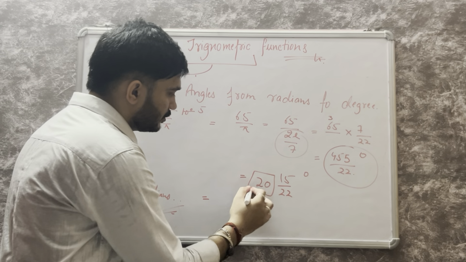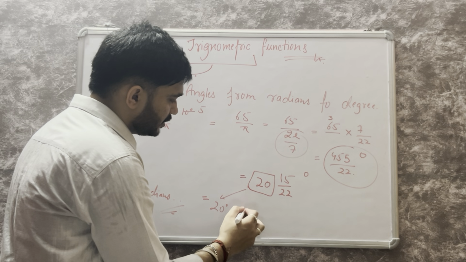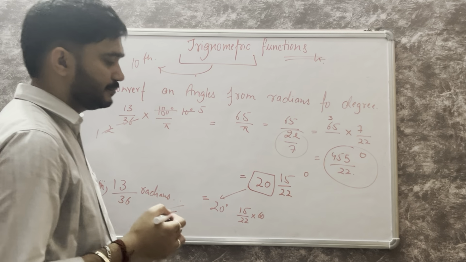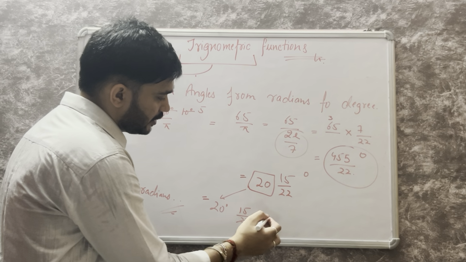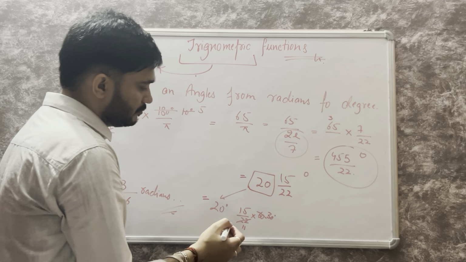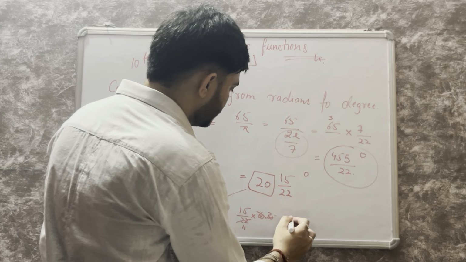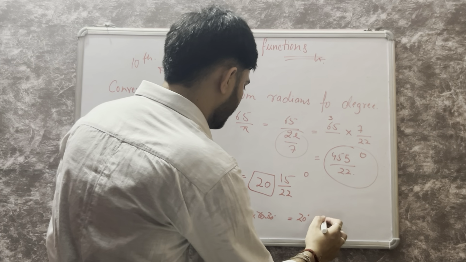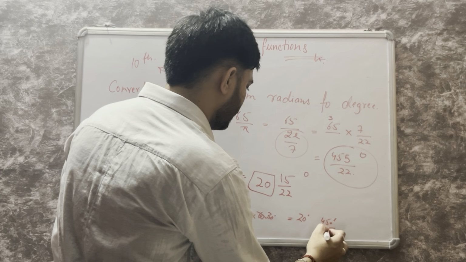Write this number as it is in degrees and the rest, that is 15 by 22, multiplied by 60. You will get 11, and after dividing it, 30. Since we cannot divide it further, multiply the upper numbers, that is 20 degrees and 450 minutes upon 11.